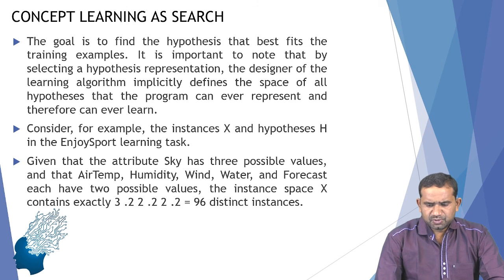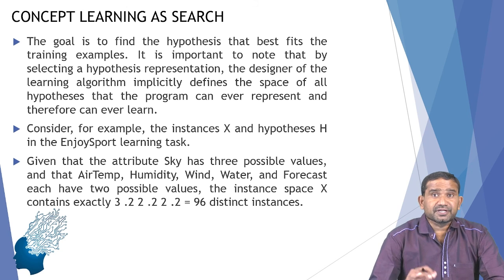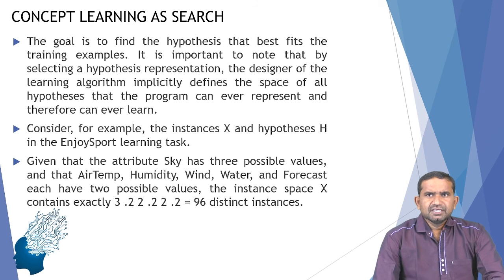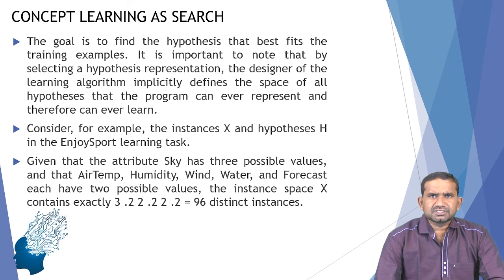It is important to note that by selecting any hypothesis representation, the designer of the learning algorithm implicitly defines the space of all hypotheses that the program can ever represent and can ever learn.